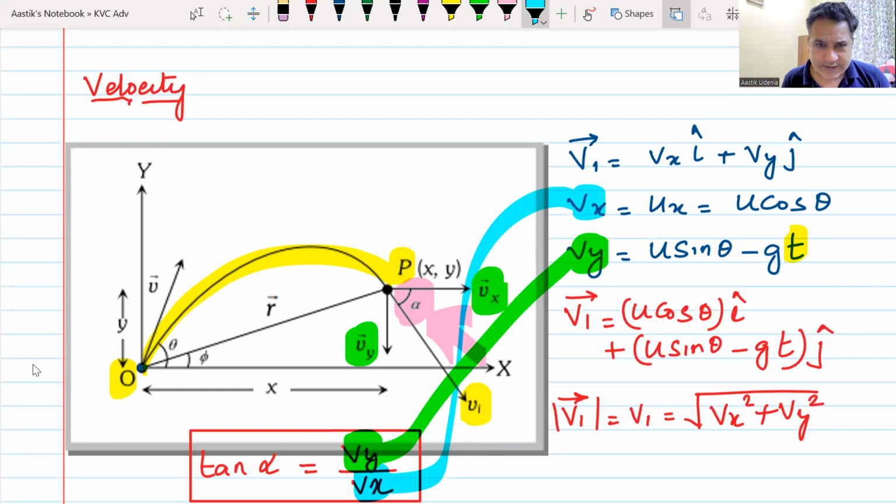Don't have to draw a different diagram. You can use the same diagram. I could not use the same diagram because then I had to go back and my board was already full. Have you noted this down, bacha?